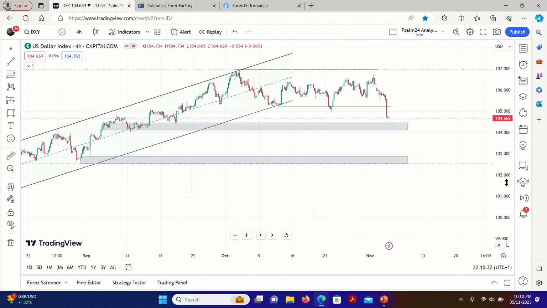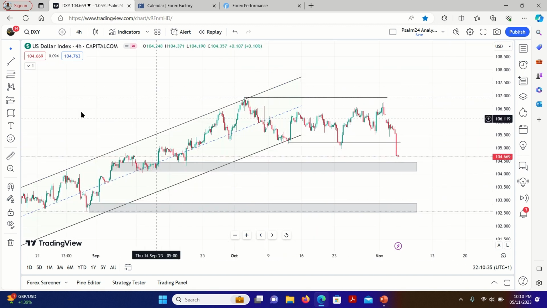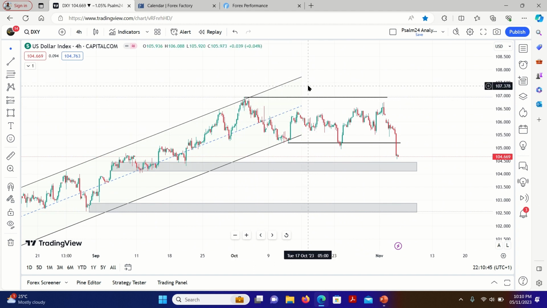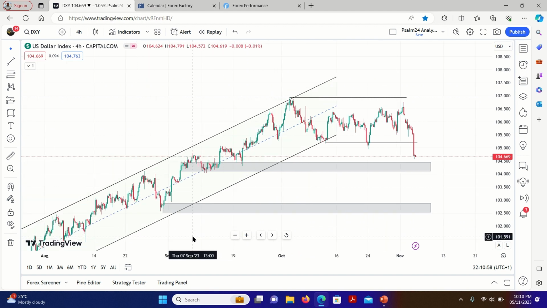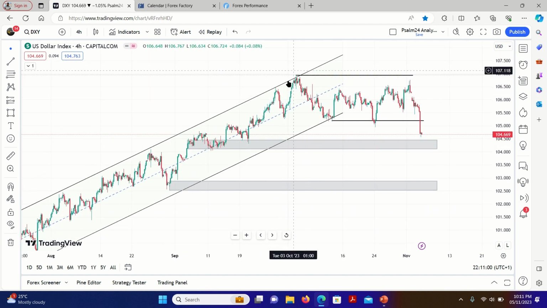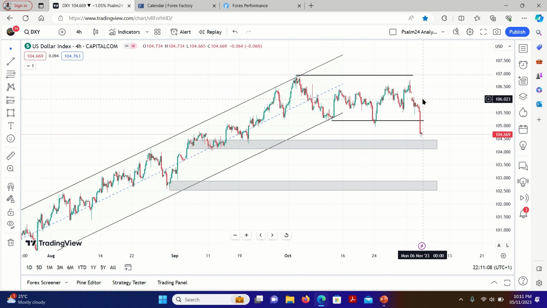From a technical analysis perspective, using some indicators, we saw what is called bearish divergence here, which in layman's language you call divergence. It signals that the bullishness is losing momentum, the buyers are losing momentum, and there is a possibility of this pair or dollar index dropping.